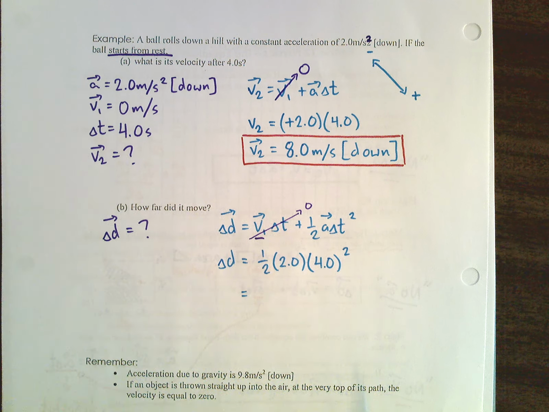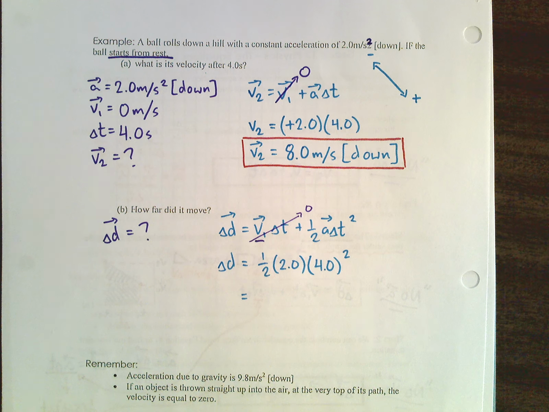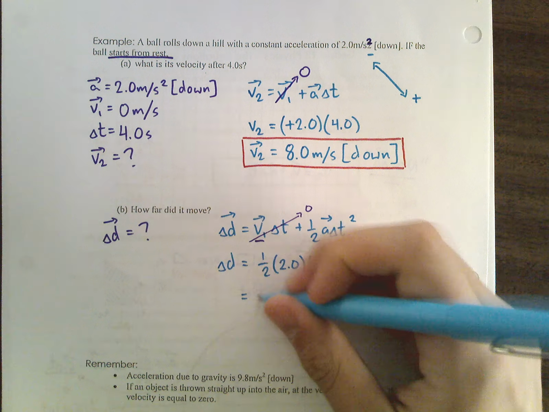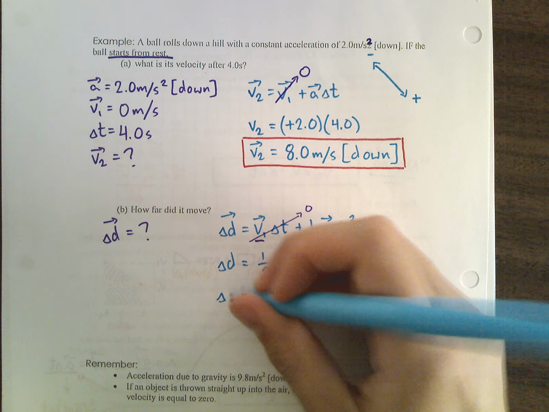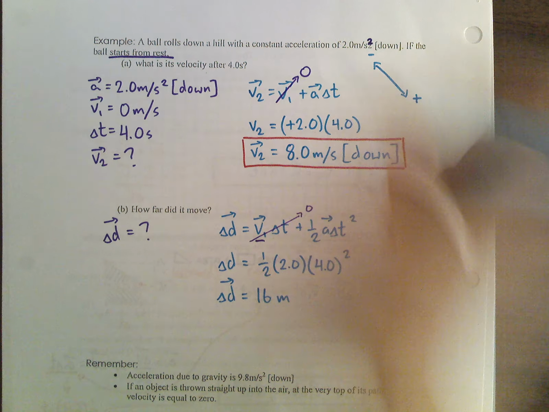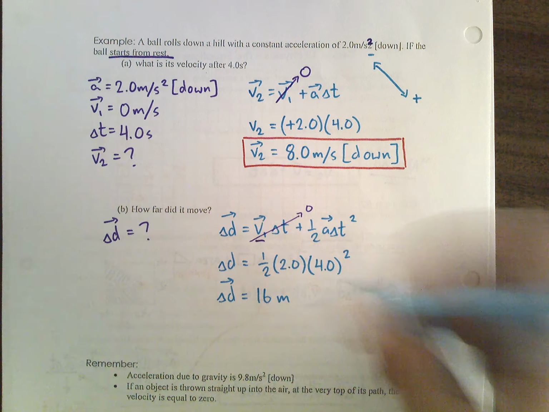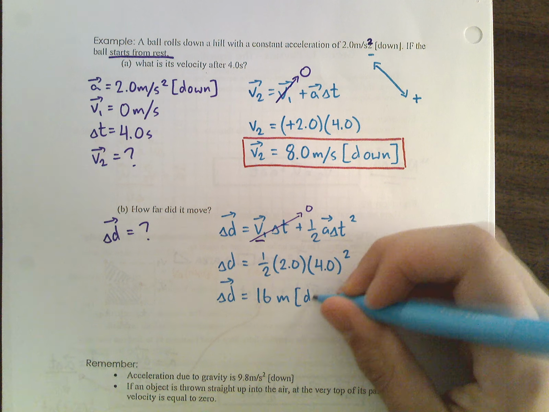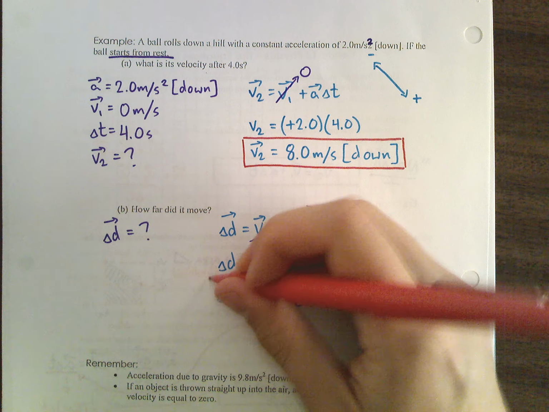So we do this and we've got 16 times 2 and then divided by 2. So our answer will be 16 meters is our displacement. We want to have 2 sig figs like we did in the question. So 16 meters down. So that's our final answer.